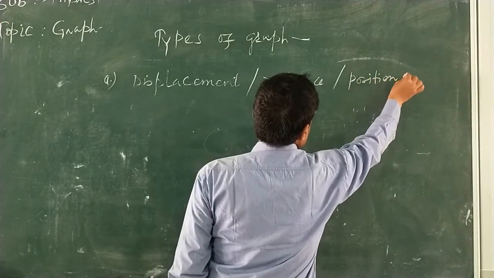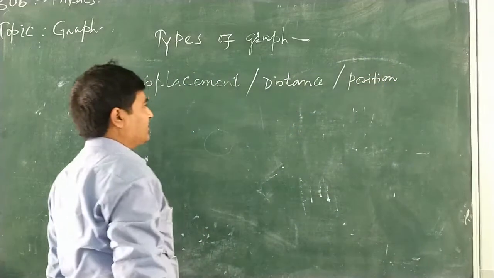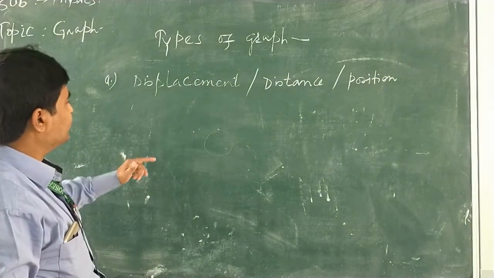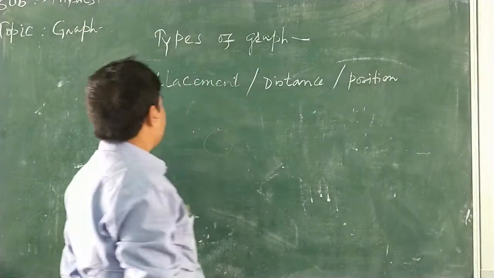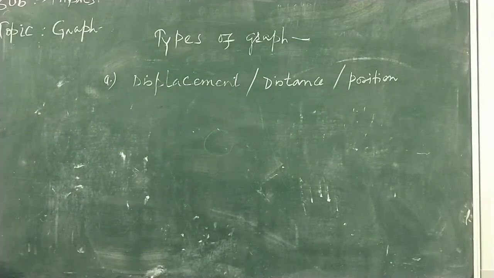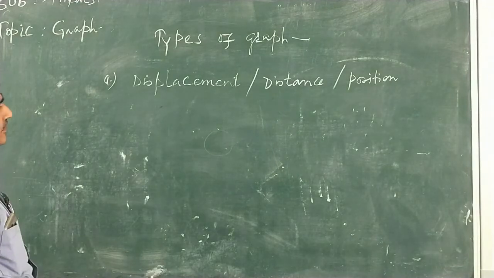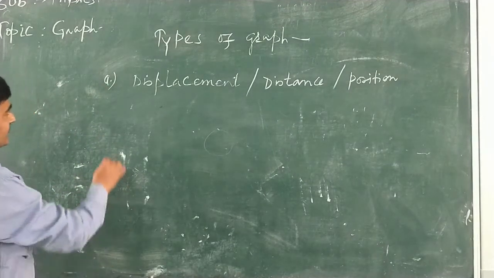These three terms are the same graphically or mathematically. Displacement, distance and position of a body in a given time means the same.